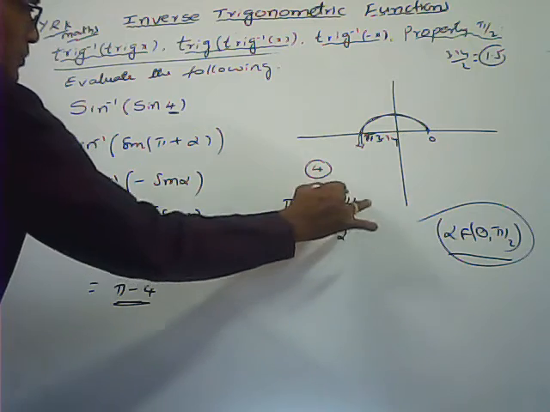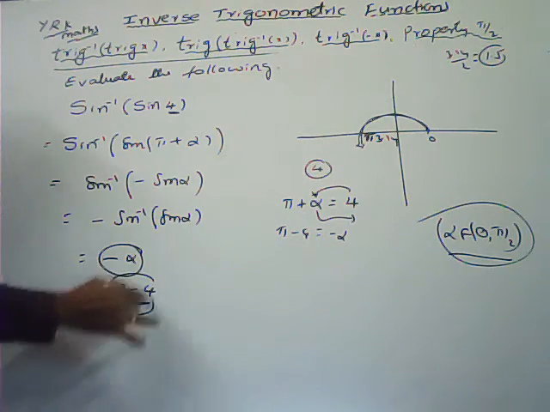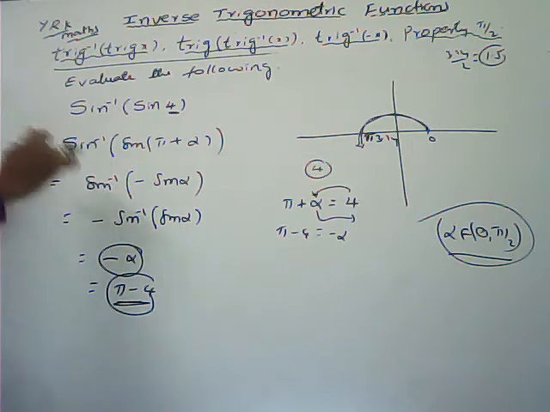Plus alpha you can transfer to that side, 4 you can transfer to this side. So minus alpha is equal to pi minus 4. This is the value of sine inverse of sine 4, that is equal to pi minus 4. See, some more problems of this type are there. Here I will explain 2-3 problems, then I will give some more problems for practice.